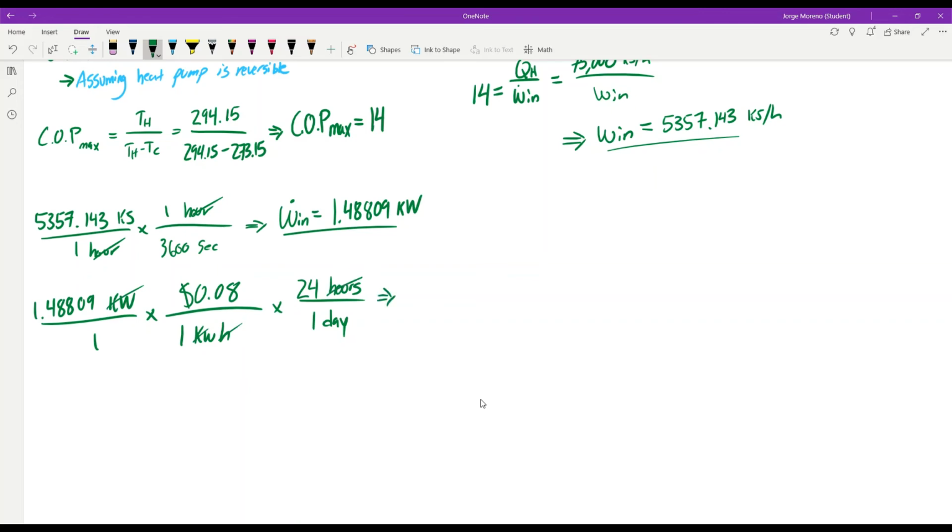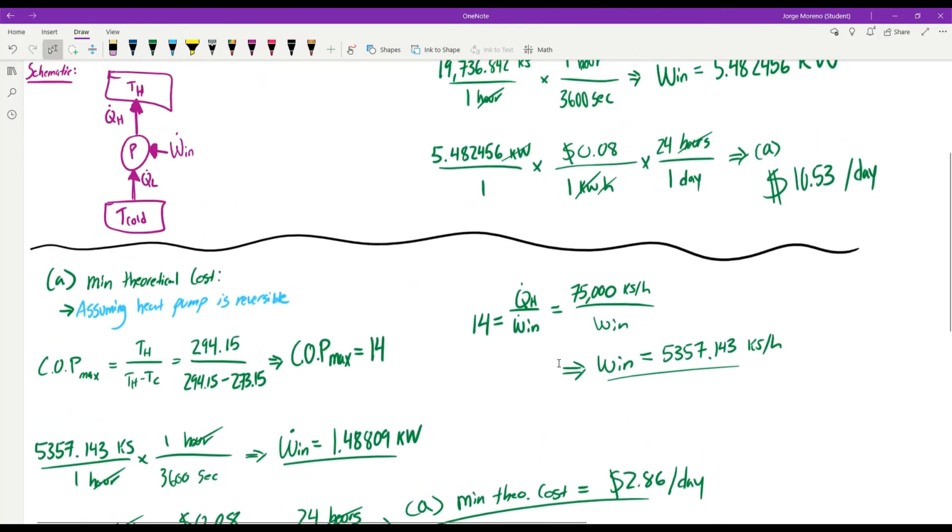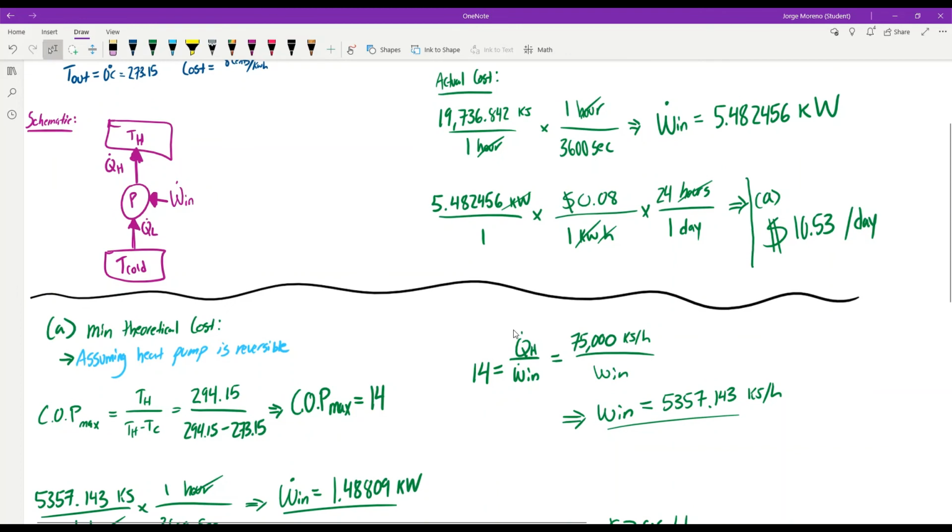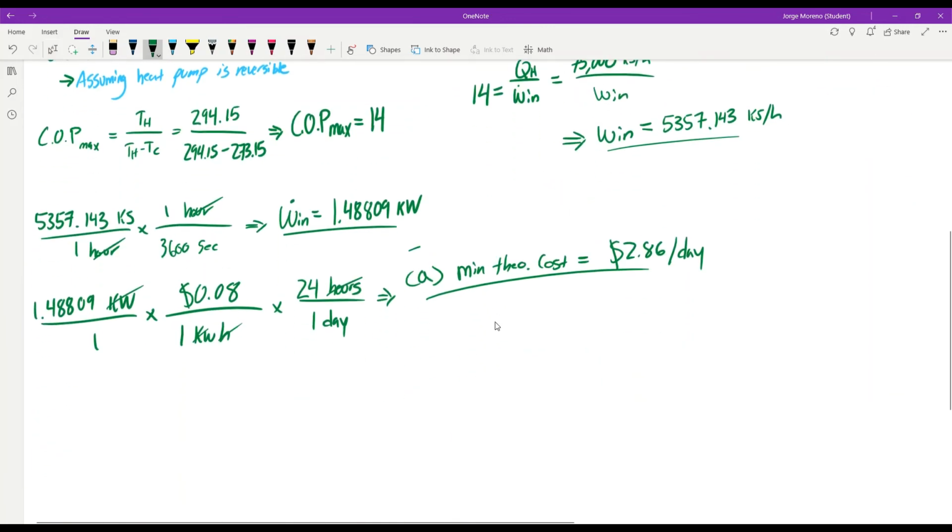If we evaluate that, we get that the minimum theoretical cost is $2.86 per day. All right, so that's it for part A. Just to recap, the actual is $10.53 per day, and the minimum theoretical is $2.86 per day.